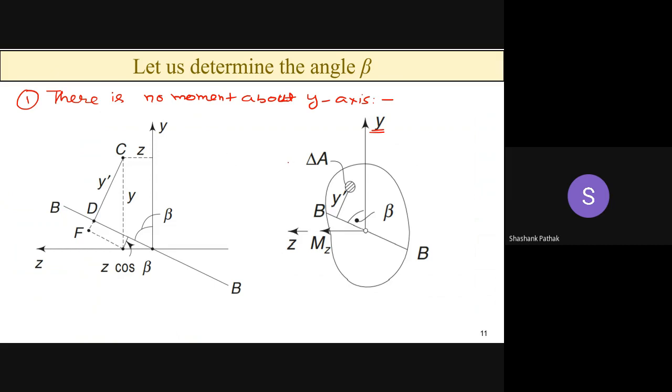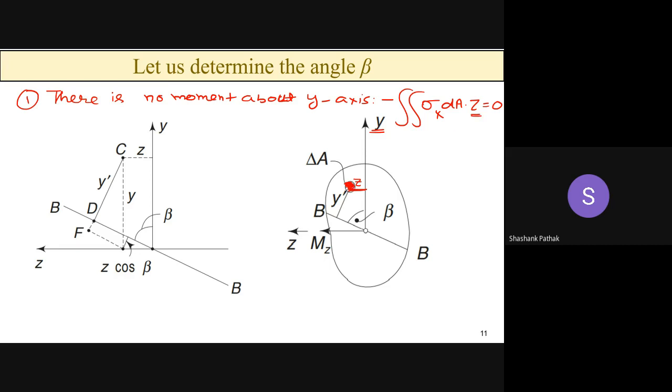So basically, if you take the moment about this axis, this will give the integral of sigma x dA, that is the force, into z equal to 0. Sigma x is the stress acting in the x direction, and z is the distance from the y-axis, which you multiply here.